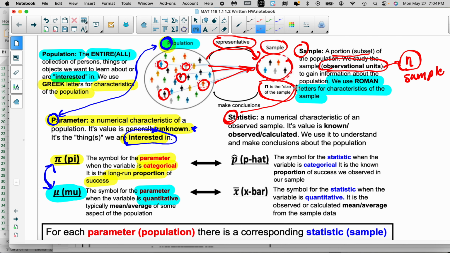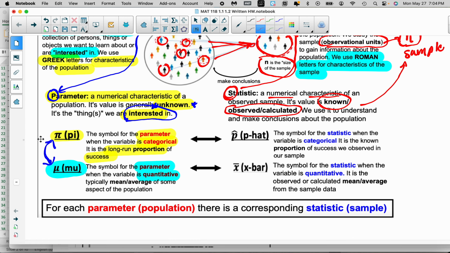So S and S, when we're talking about statistics, we're always talking about some characteristic of the sample. And that numerical characteristic obviously is known because we took a sample, we took some subset of the data, we observed those characteristics, or we calculated that numerical value. It's known to us.